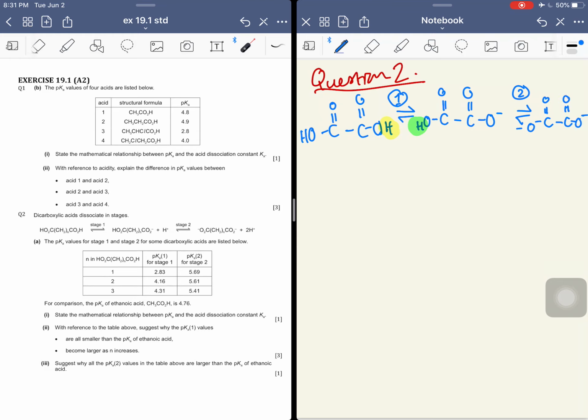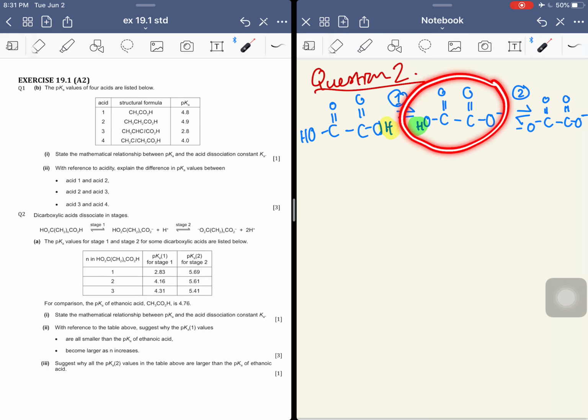Essentially this product is a dianion, an anion with -2 charge: -1 from one oxygen and -1 from the other oxygen. This anion only has a charge of -1, which is on this oxygen.